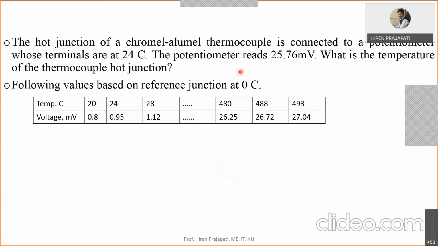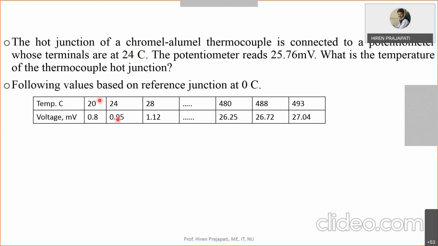What is the temperature of the thermocouple hot junction? The cold junction temperature during this measurement is 24 degrees Celsius, and this EMF is generated when the cold junction is at 24 and the hot junction is at a particular temperature.